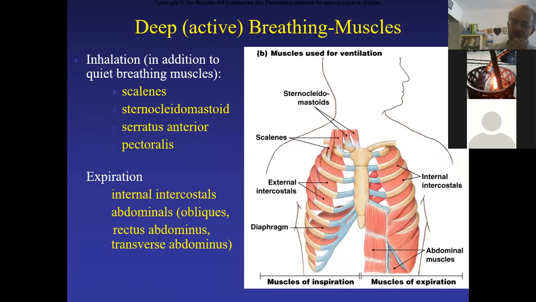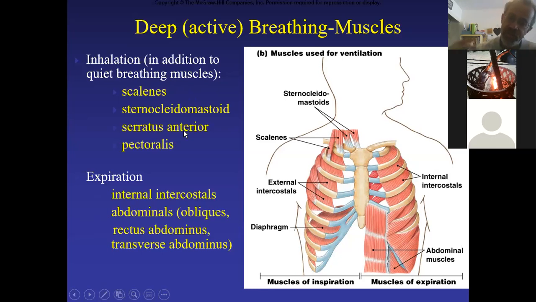What about deep breathing? It's interesting. You think, well, gosh, don't those same muscles still do the same thing, maybe just more? Well, actually, we recruit another group of muscles, as you can see, several of which you guys might remember from anatomy. The scalenes, the sternocleidomastoid, the serratus, and the pectoralis are all recruited for breathing in addition to the diaphragm and the external intercostals.